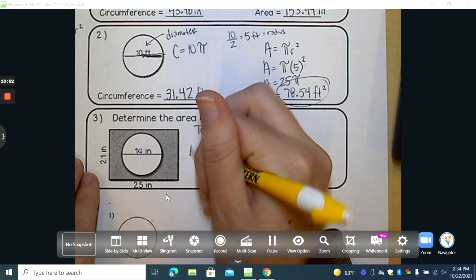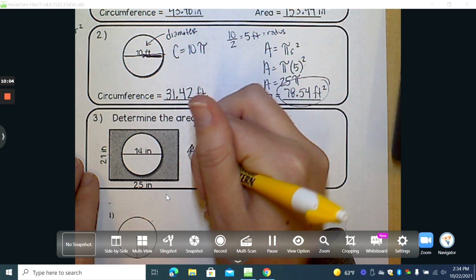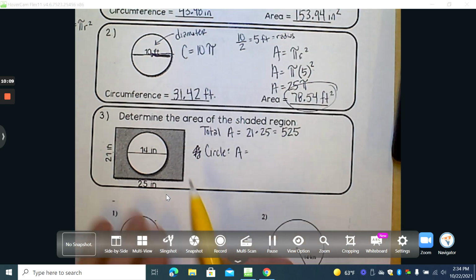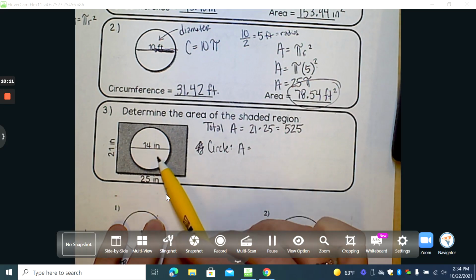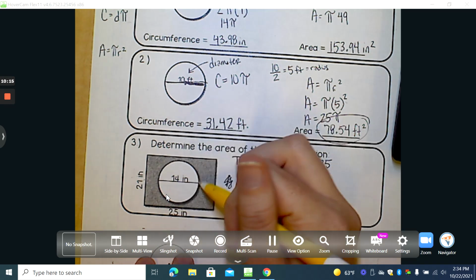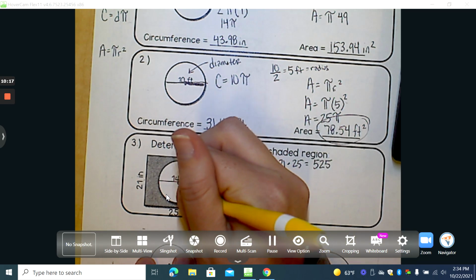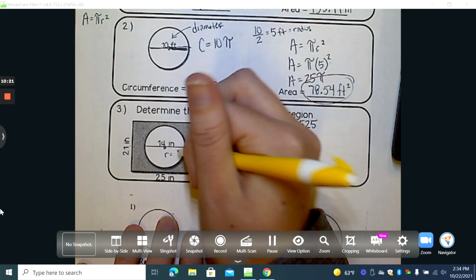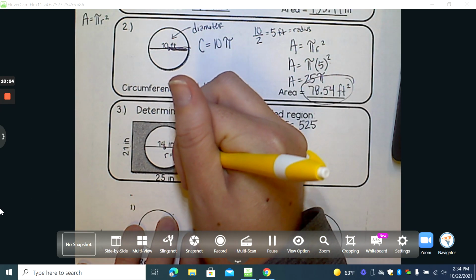And then I want to find area of my circle. Let's do circle. Again, it gives me my diameter, but in area, I want my radius. So if this is 14 inches, my radius should equal half that. 14 divided by 2 is actually 7.